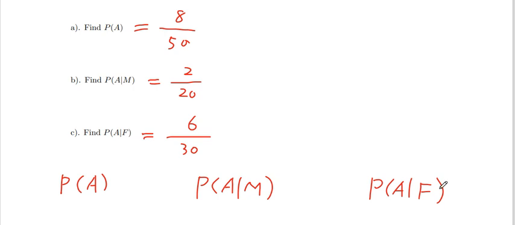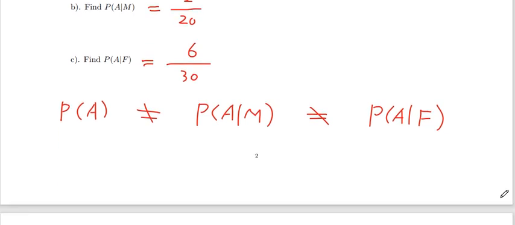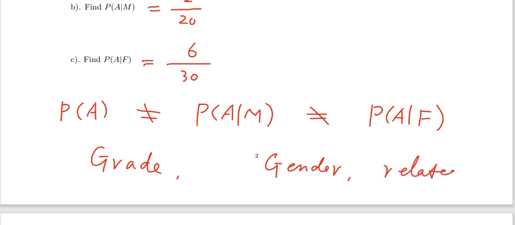So we find those 3 probabilities are not equal. So not equal, so we can say grade and gender are somehow related, right? So in terms of probability language, we say these 2 factors are not independent.